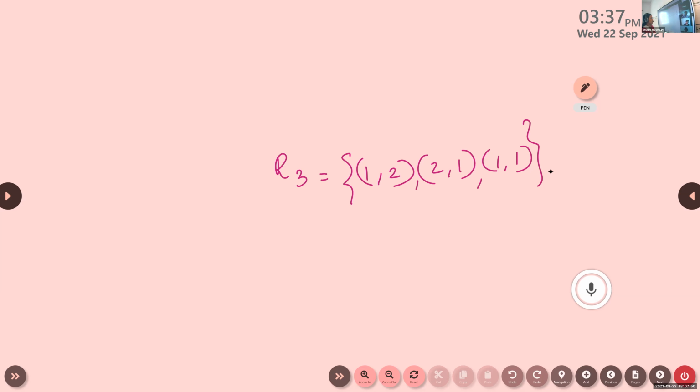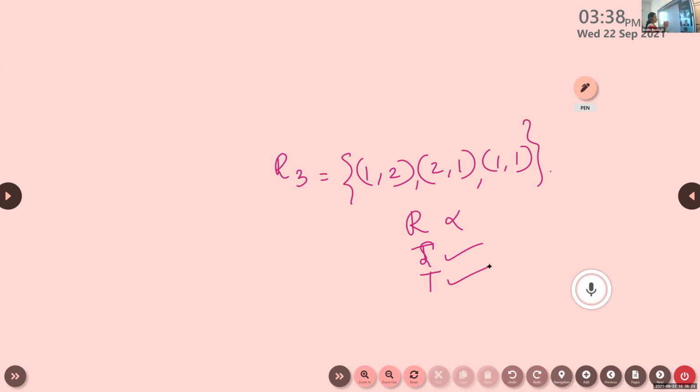None of these? Will it be reflexive? No, because we have (1,2) and (1,1), but (2,2) is not there. Is it symmetric? Yes. It is not reflexive, but it is symmetric.